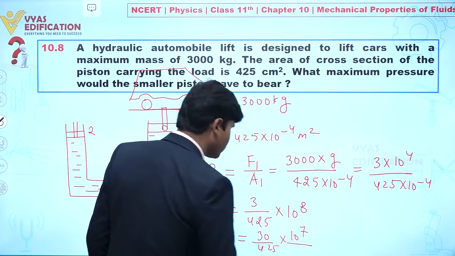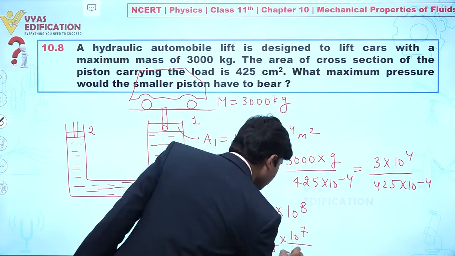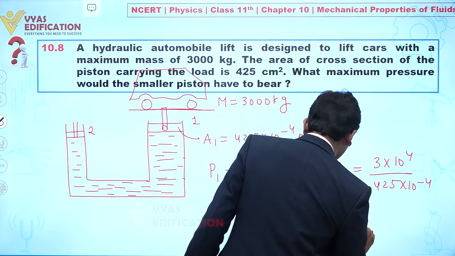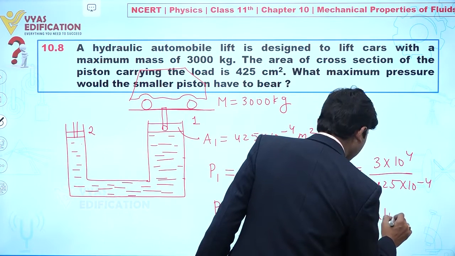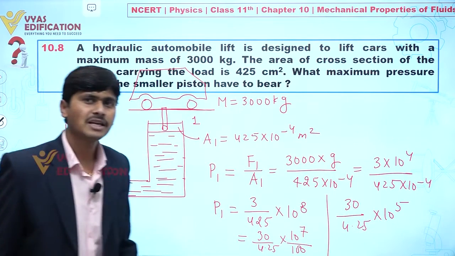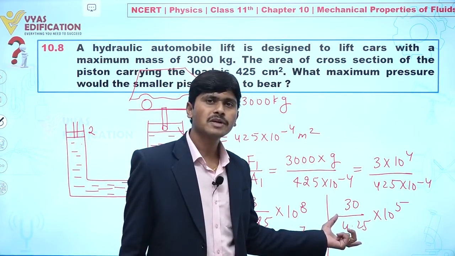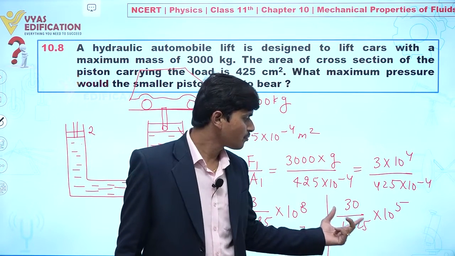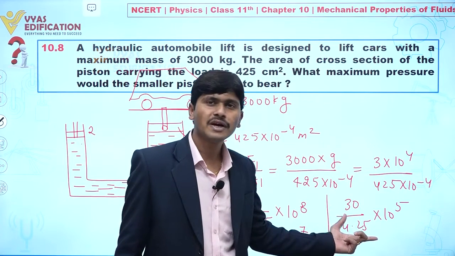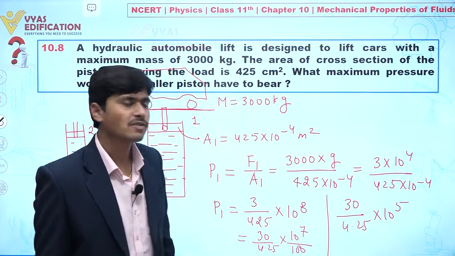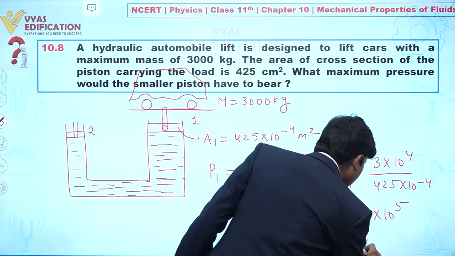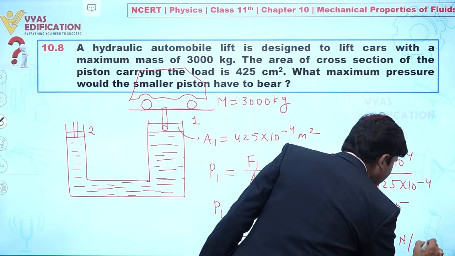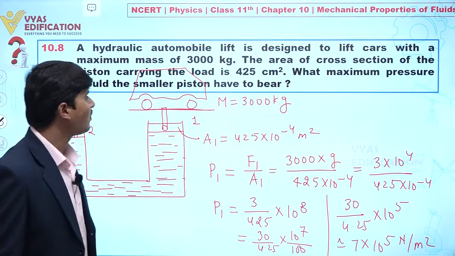Actually I am dividing by 100, so I also multiply by 100. So this is 30 upon 4.25 multiplied by 10 to the power 5. Now we know that 4 times 7 is 28, so 7 point something, but here we have 0.25. So approximately I am taking this as 7. So approximately 7 into 10 to the power 5 Newton per meter square. So this is the value of pressure P1.